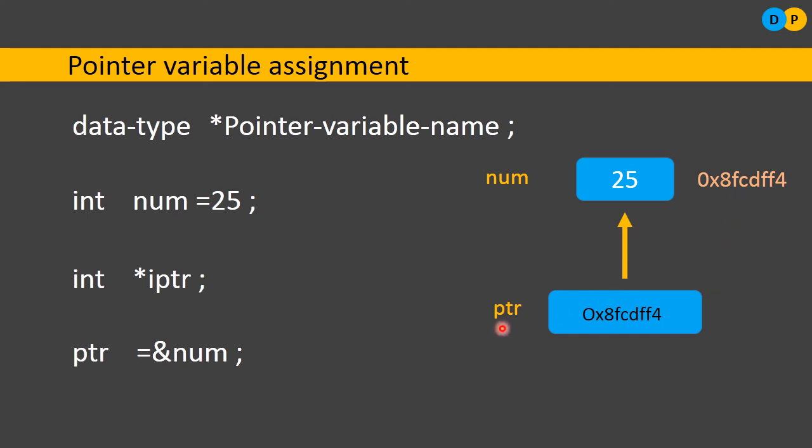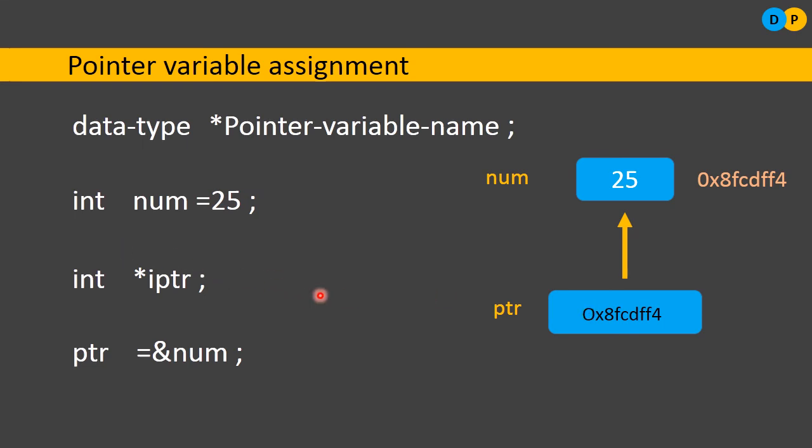So now the pointer variable is holding the address of the normal variable. As you can notice, it holds the same address. Once again, the definition: a pointer is a variable which holds the address of another variable. It is holding an address, not any other value. It can hold only an address.